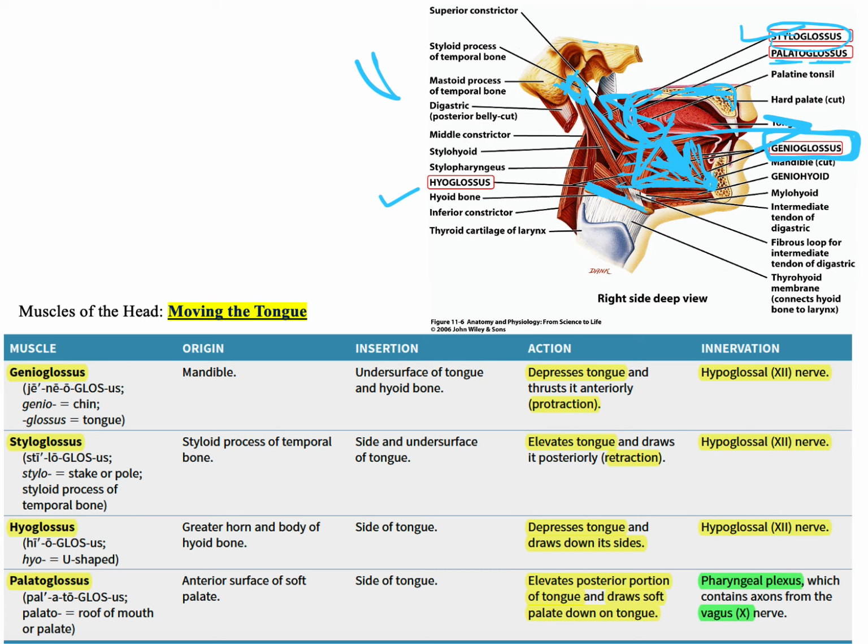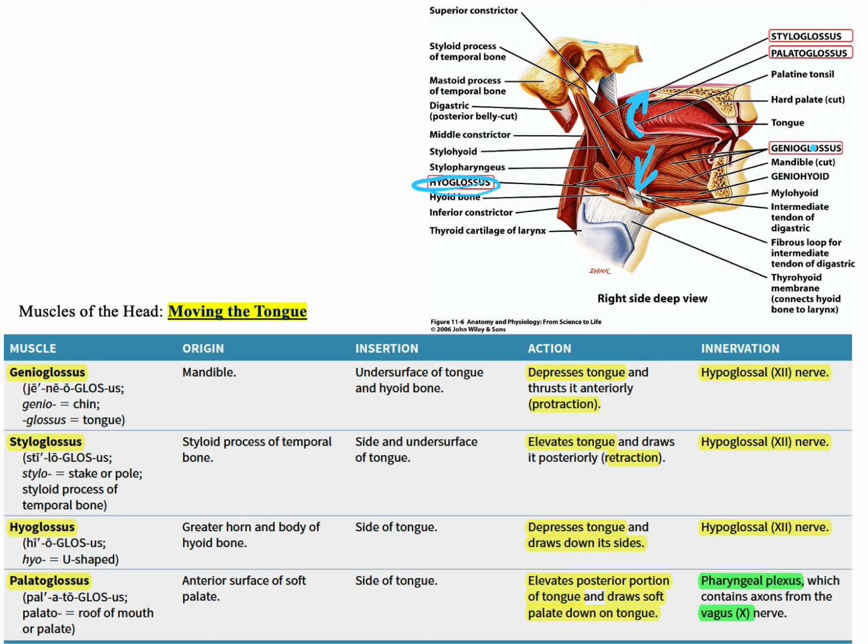So let me summarize it to you guys. We mentioned that we have palatoglossus here. I'll use another pen. Okay, palatoglossus elevates the posterior 1/3 of the tongue. We have hyoglossus that depresses the tongue, but we mentioned the palatoglossus elevates the tongue, right?